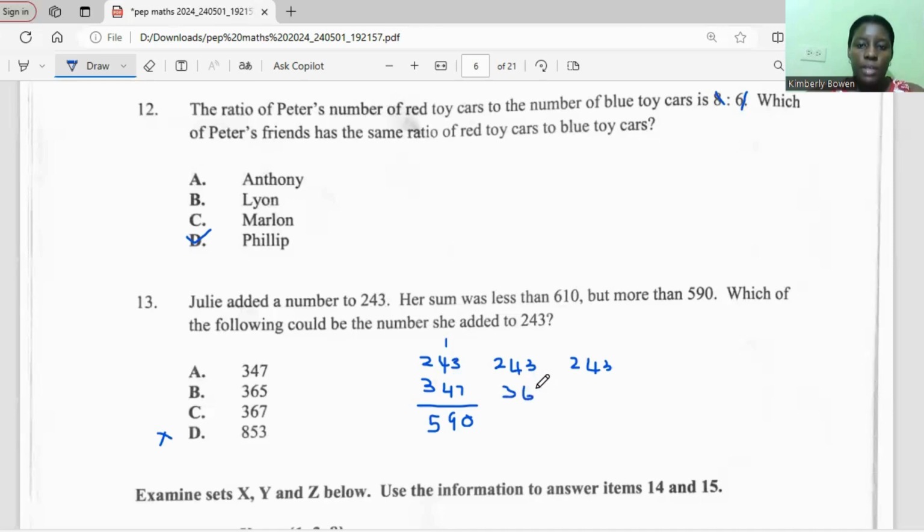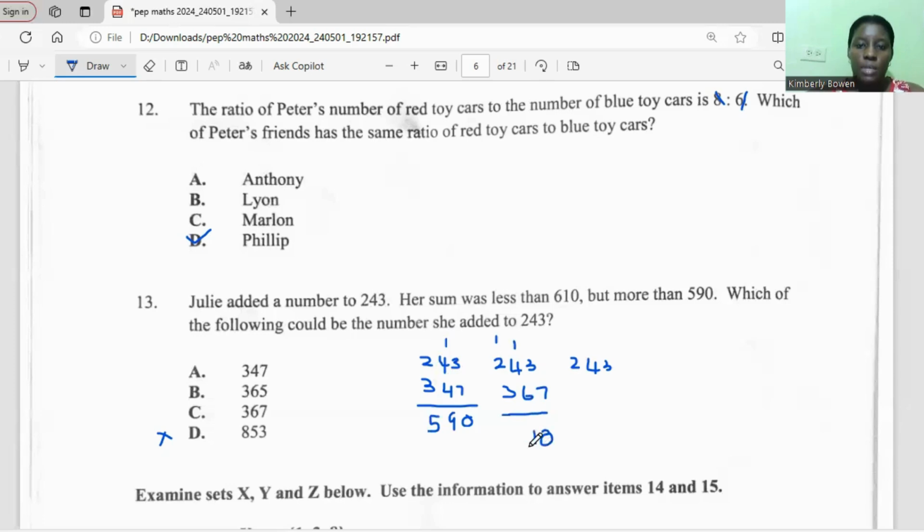3, 6, 7. And then if I check one of them and it adds out, I really don't need to check the other one. Let's see. Bring over the 1. And this is 5 plus 6, 11.